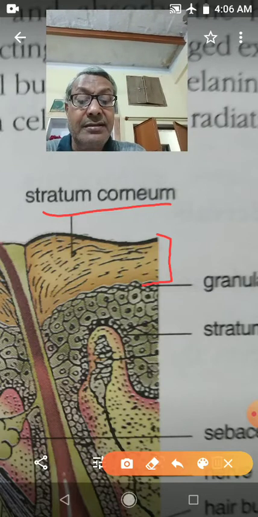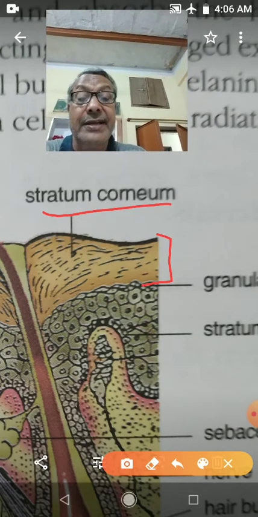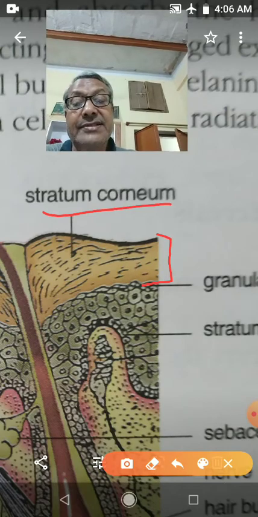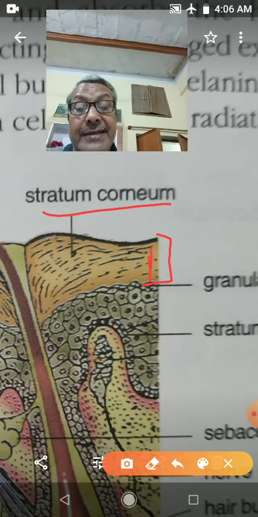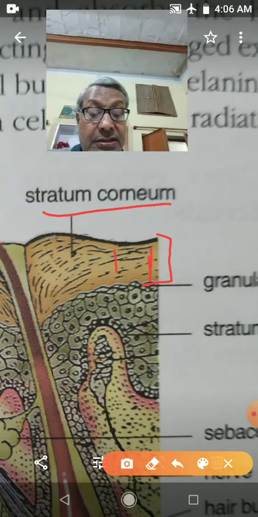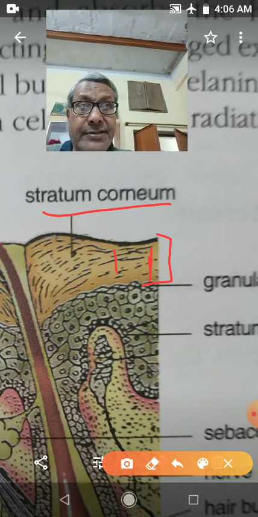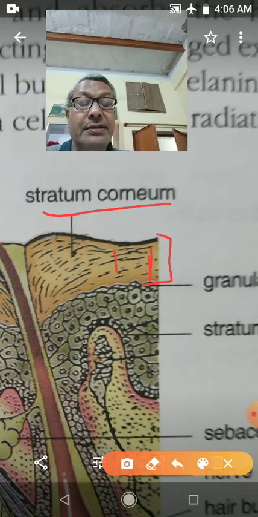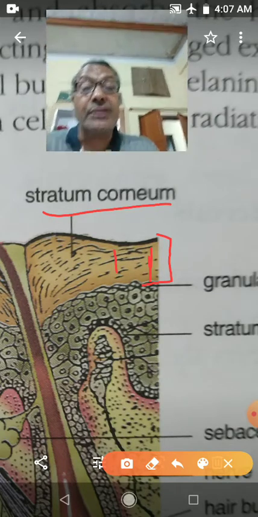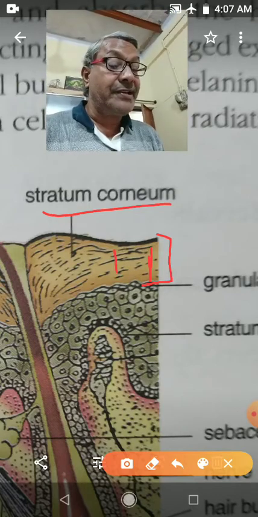This layer consists of several piled up layers of flattened dead cells. The cells of this layer are flattened and they are dead. These cells are made of a fibrous structural protein called keratin.